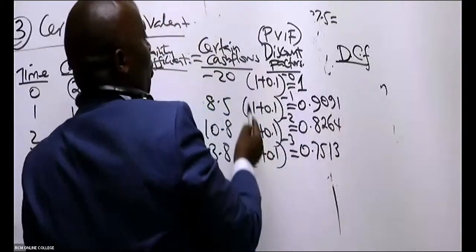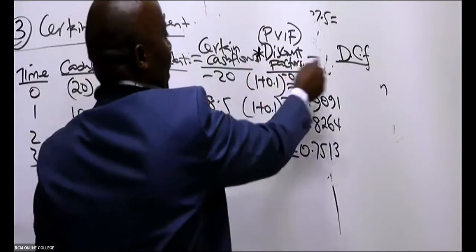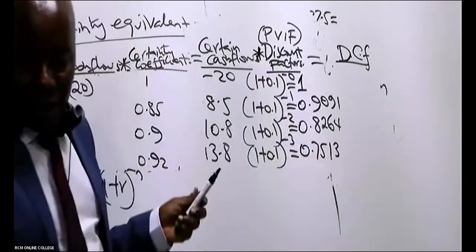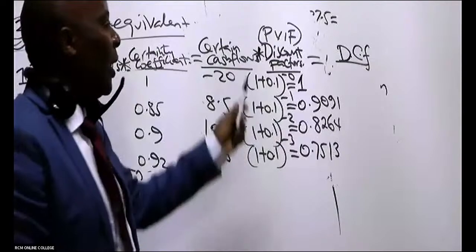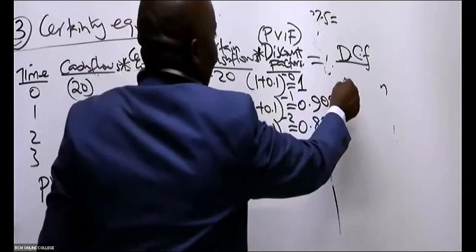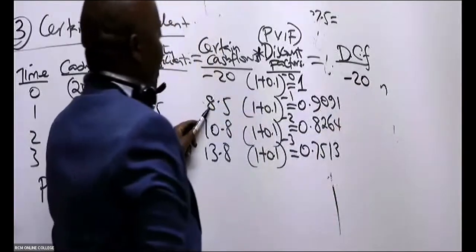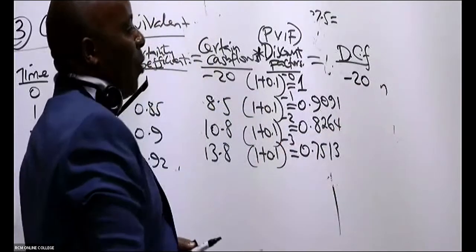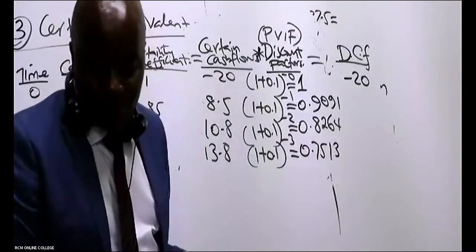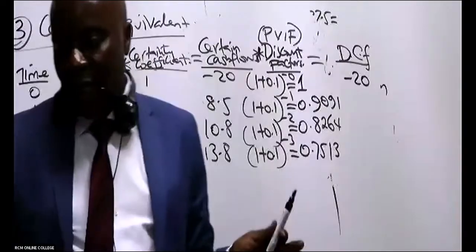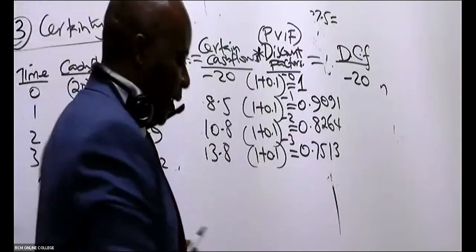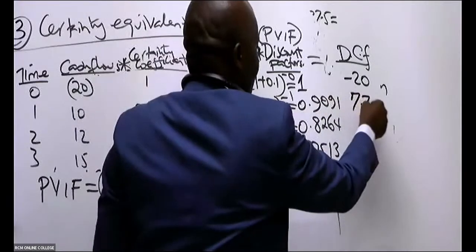And then now you come and they give us what we call DCF, discounted cash flows. So discounted cash flows, you take these cash flows times the discounting factors to get this. Remember, DCF stands for discounted cash flows. So take the first one, minus 20 times 1, which gives me minus 20. Then we have here 8.5 times 0.9091, which will give me what figure? 7.73.